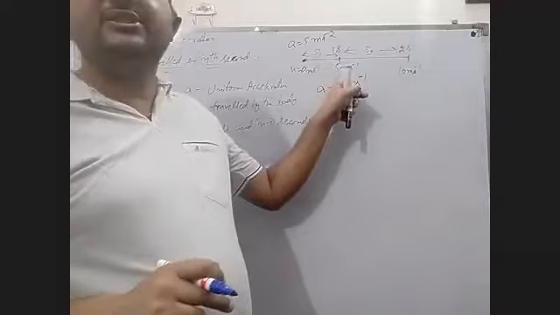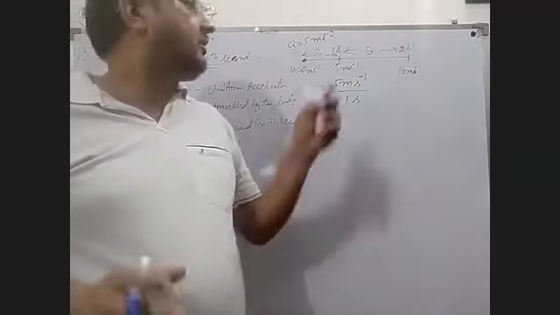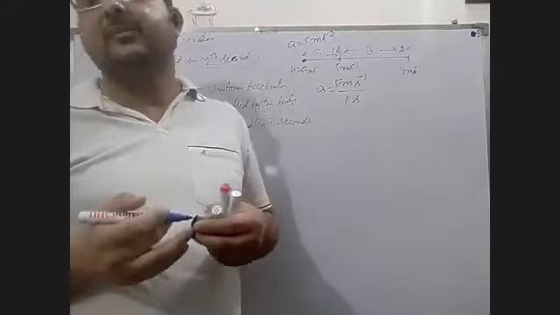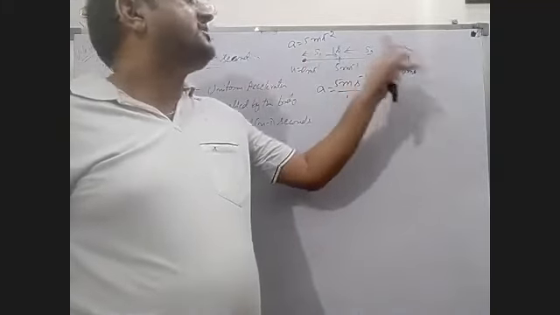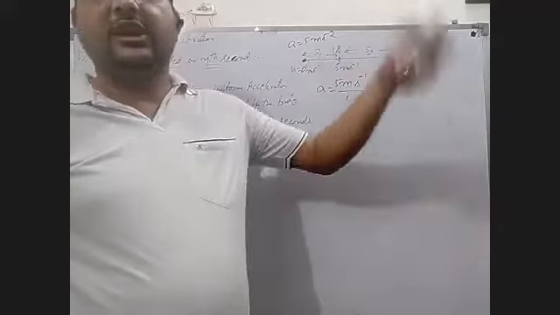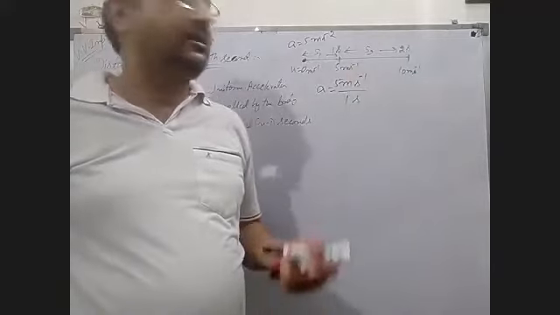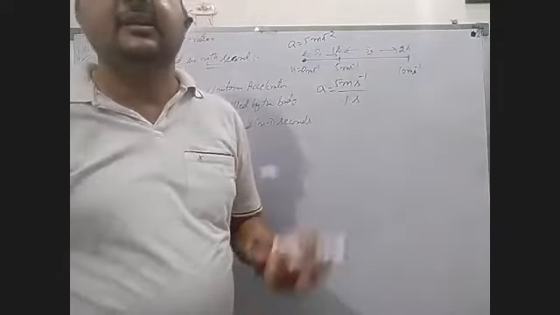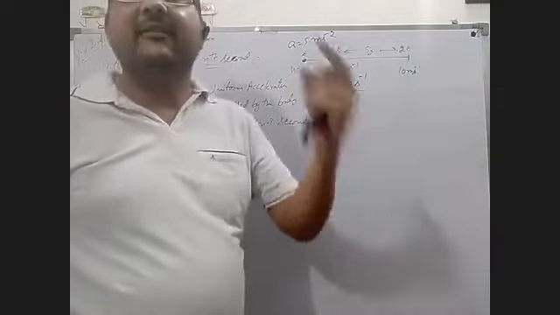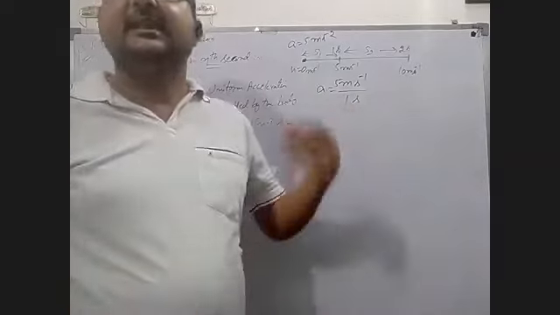But in the earlier situation, velocity is 5 meter per second, meaning 5 meter in 1 second. So after the passage of seconds 1, 2, 3, 4, 5, 6, 7, 8, the velocity goes on increasing, meaning the distance in every second is increasing.